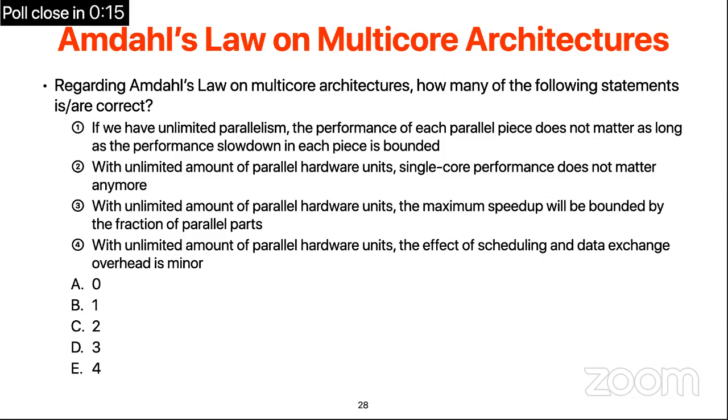Right. So that's exactly this, right? If you have unlimited parallel hardware units, the single core performance still matters, right? Because your speedup is essentially going to be 1 over 1 minus f, right? I mean, that's a similar thing for number 3 as well.